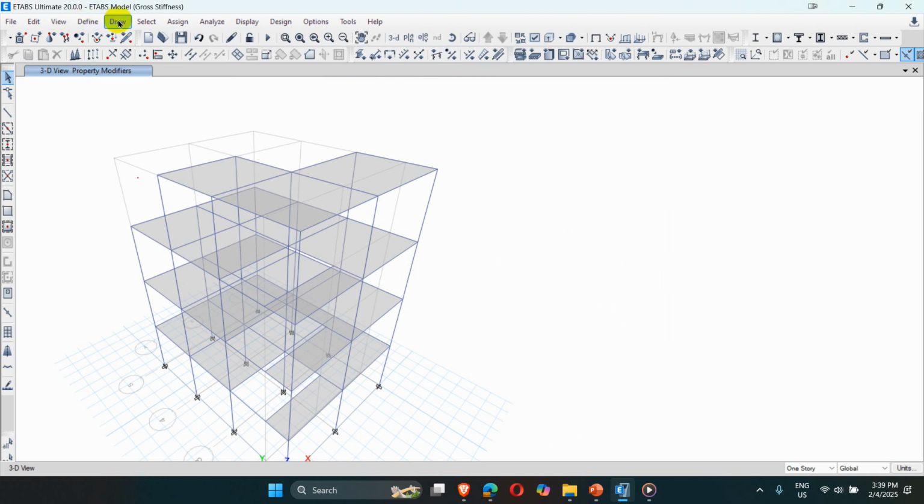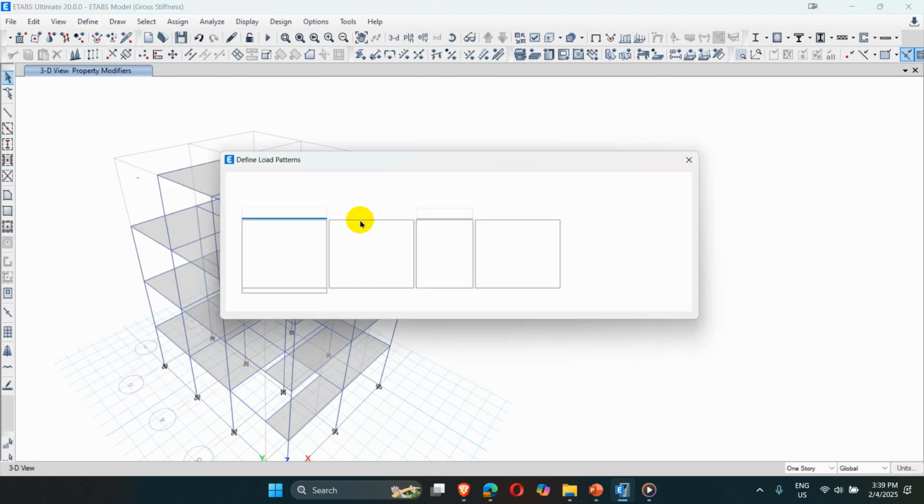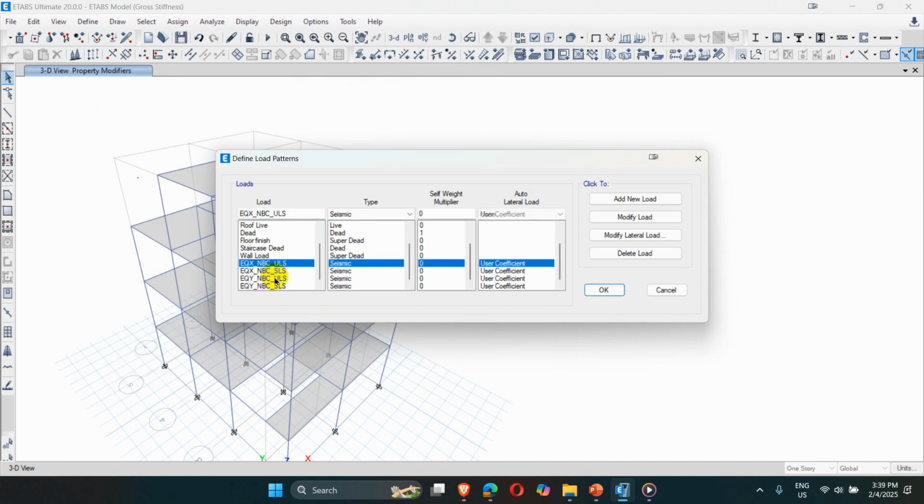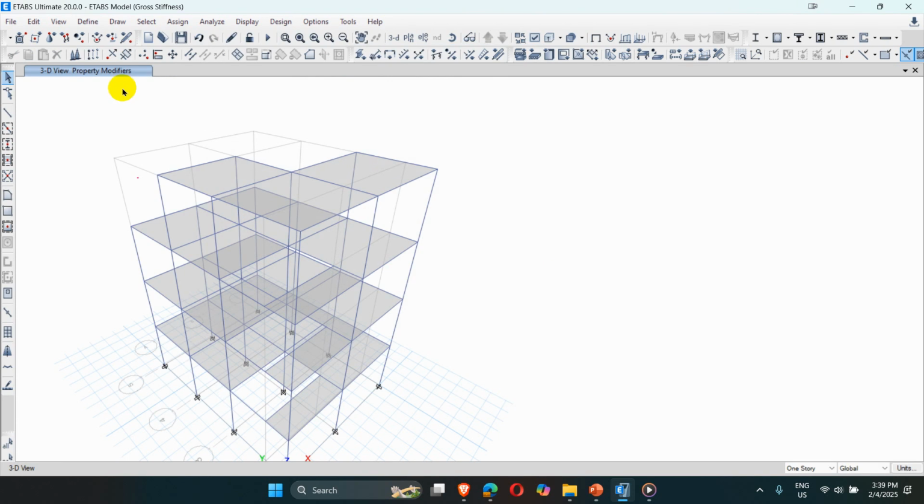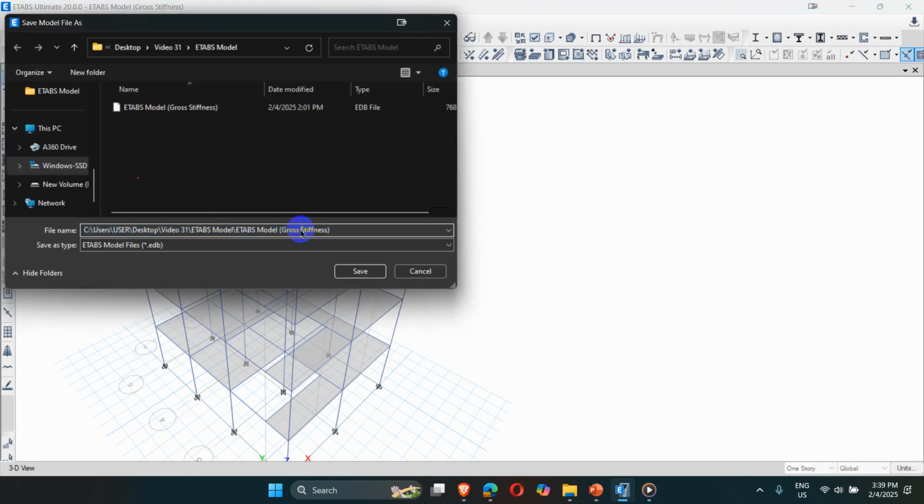I already defined the load patterns, earthquake in X and Y directions. So let me run this and let me save as another one, stiffness modifier.